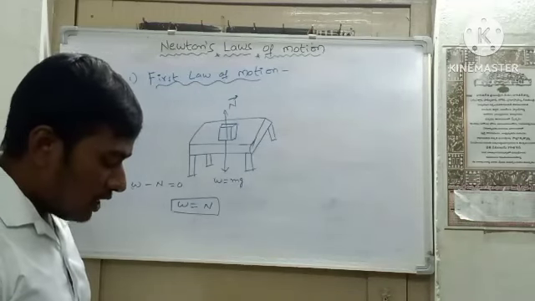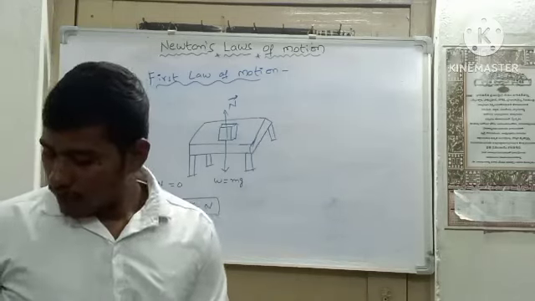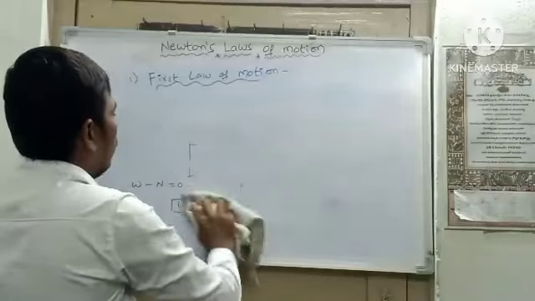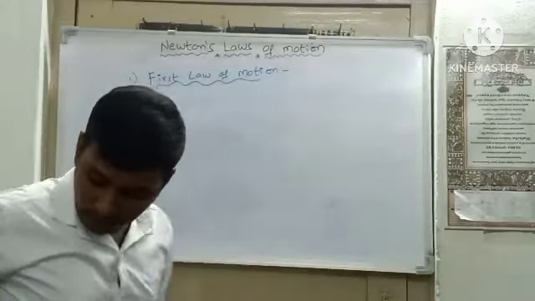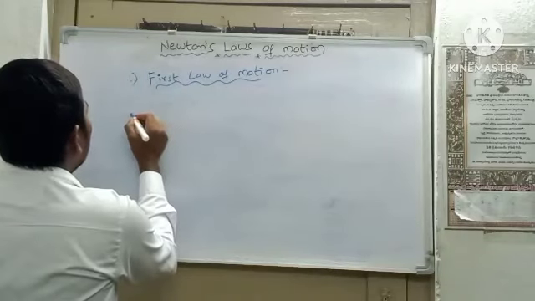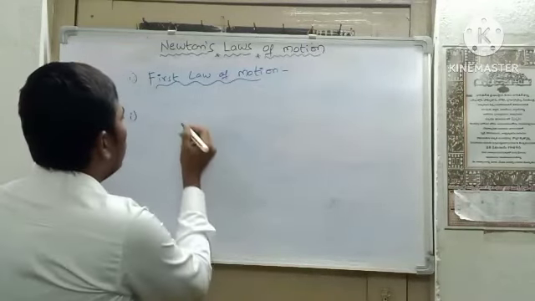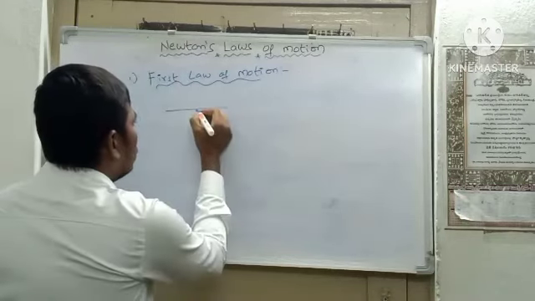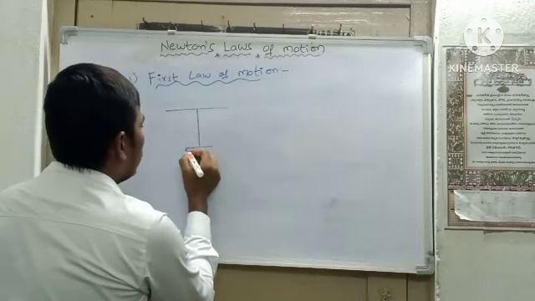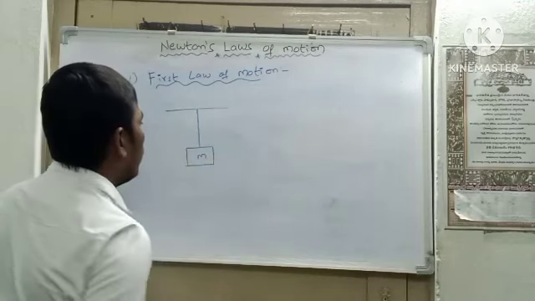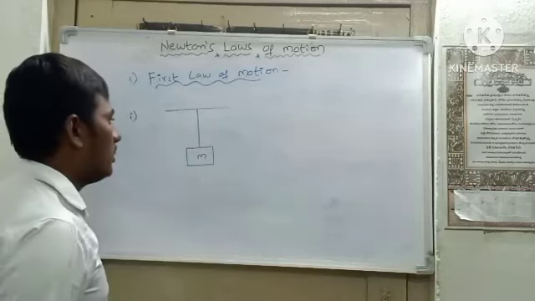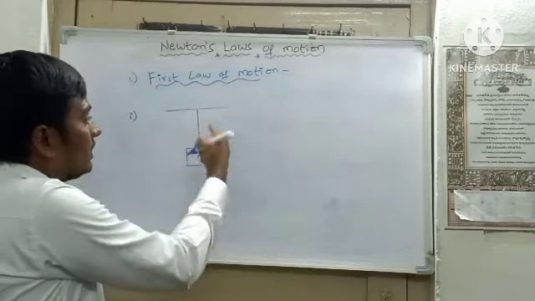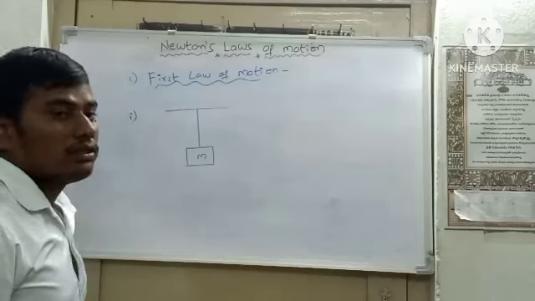So here we are taking one example. By using Newton's first law, we solve one problem. The first problem is, there is a hanger and a body of mass m which is fixed with a string.